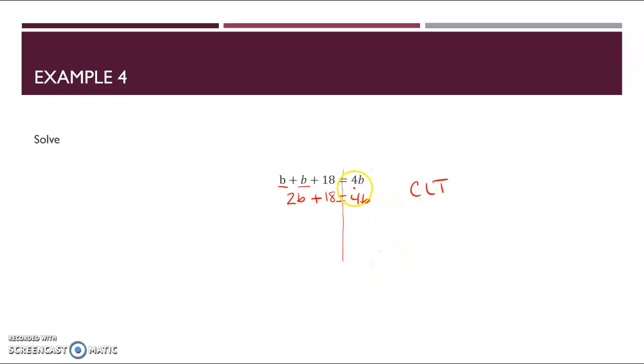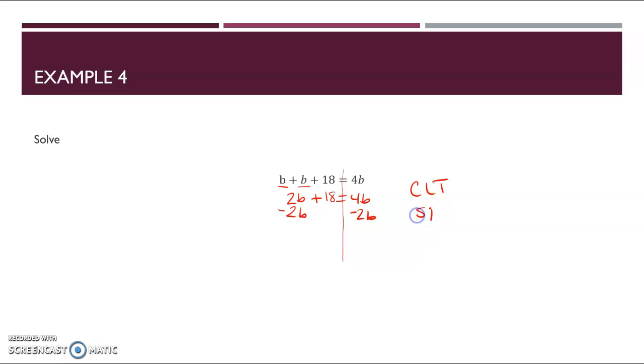When we have only variables on one side, we should move our variables to that same side. So I'm going to move my 2b to the right with the 4b. The opposite of a positive 2b is to subtract 2b.